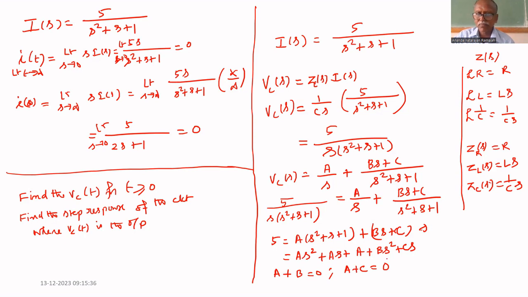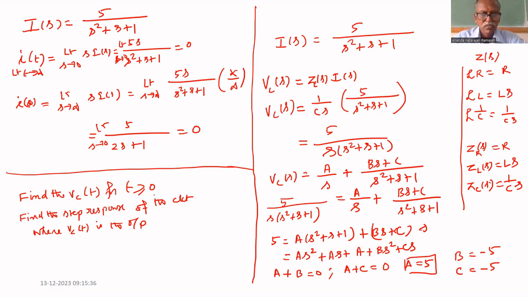Comparing the constant terms, only one constant term, that's why A equal to 5. Therefore, B equal to minus 5. C also equal to minus 5.